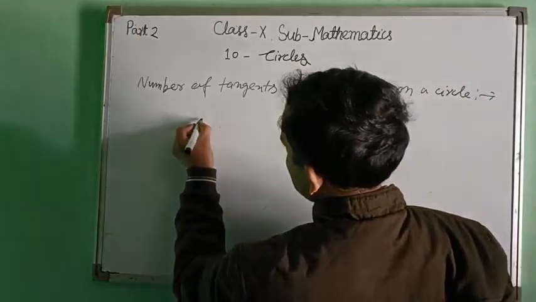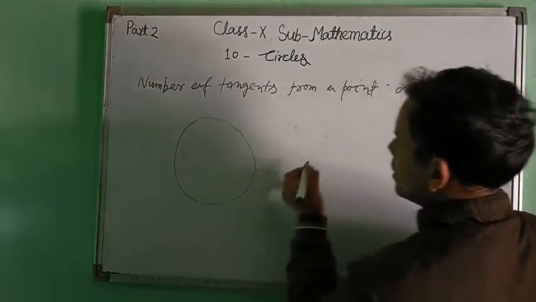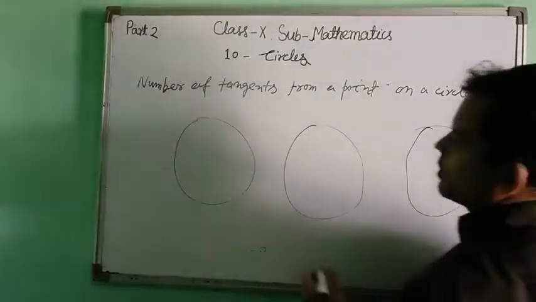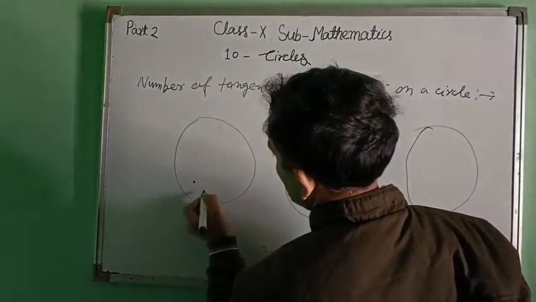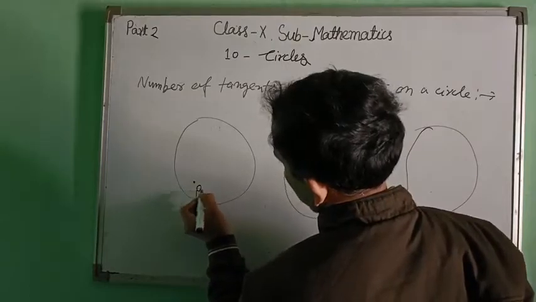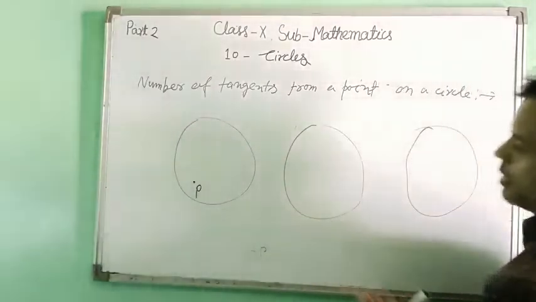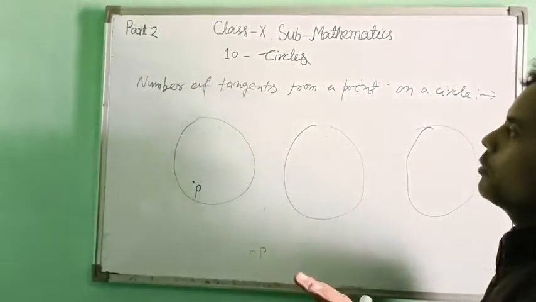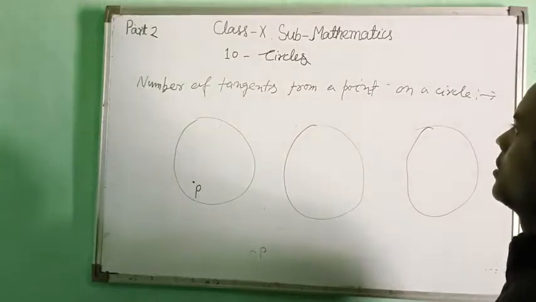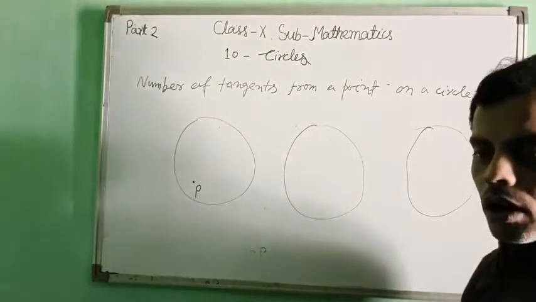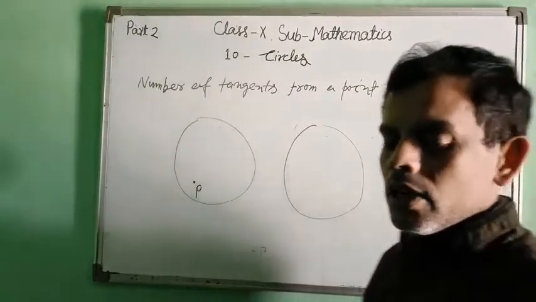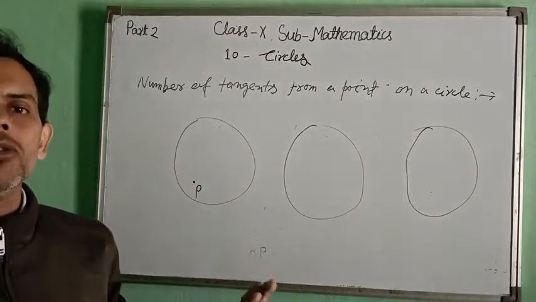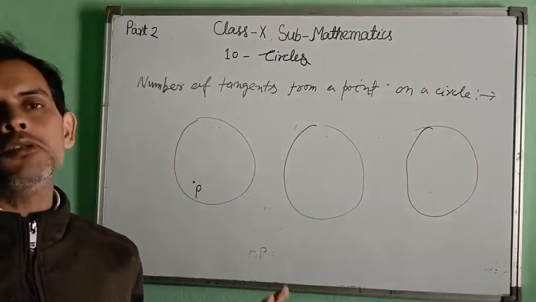There are three situations. Okay, suppose any point P is inside the circle. If any point lies inside the circle, then there will be no tangent. From this point we cannot draw any tangent to the circle.